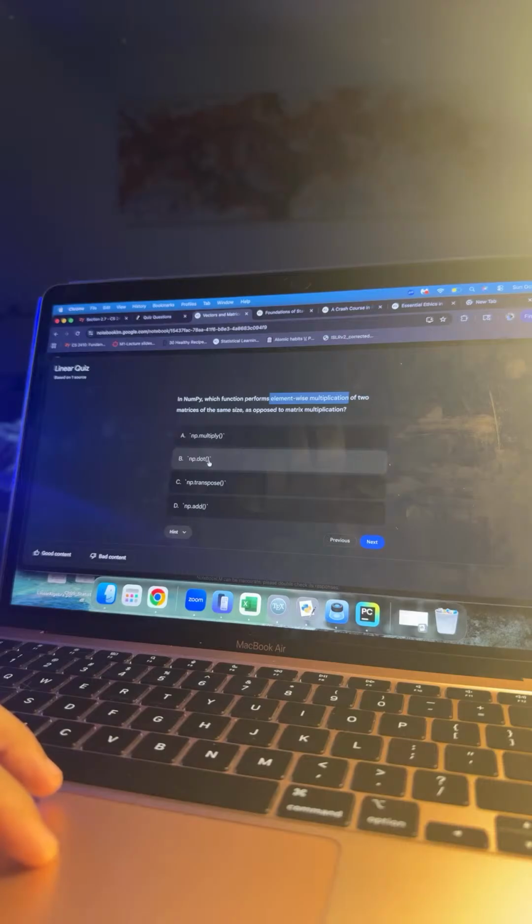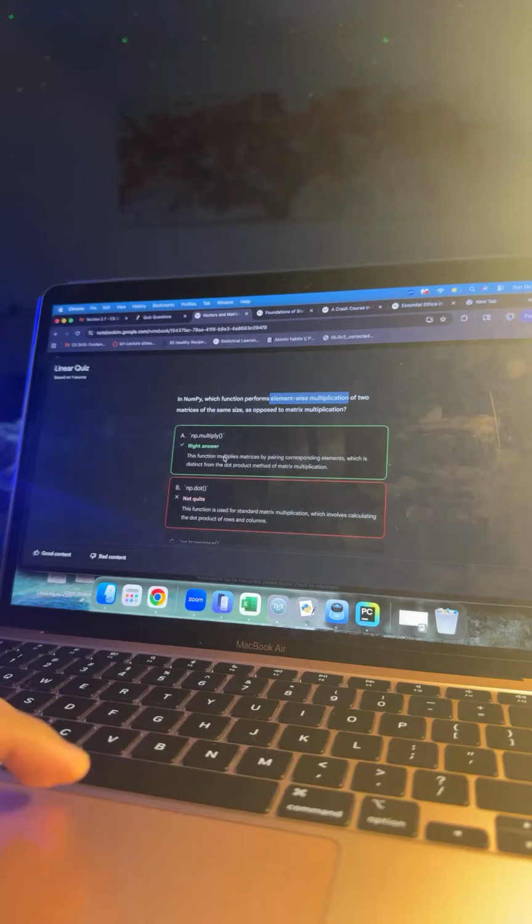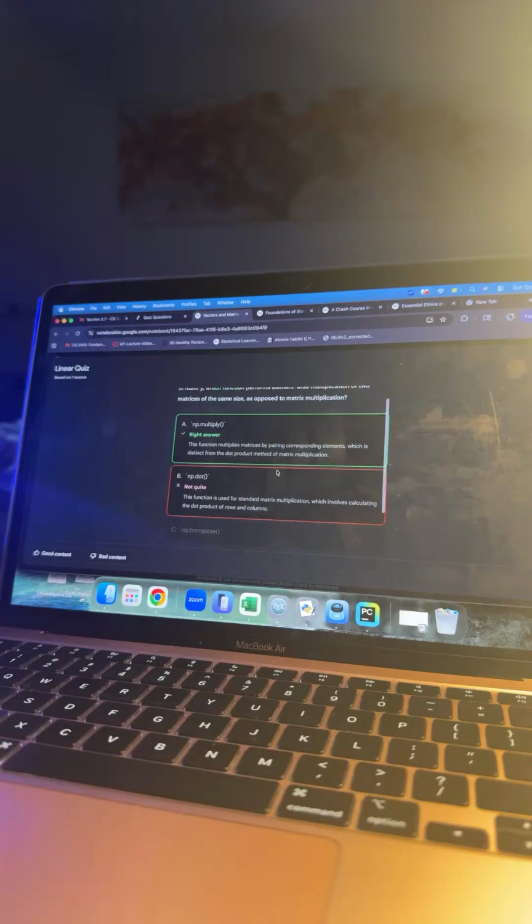Dots. That seemed too straightforward. Like, why is the answer in the question? Anyways, this function multiplies matrices by pairing corresponding elements, which is distinct from the dot product method of matrix multiplication.